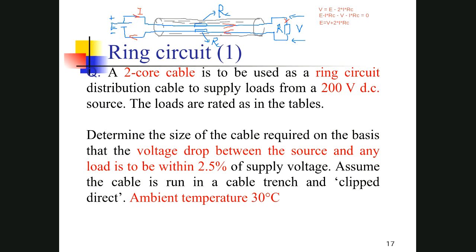Here, the voltage drop on the cable equals 2 times I times RC. So RC is the one core resistance.